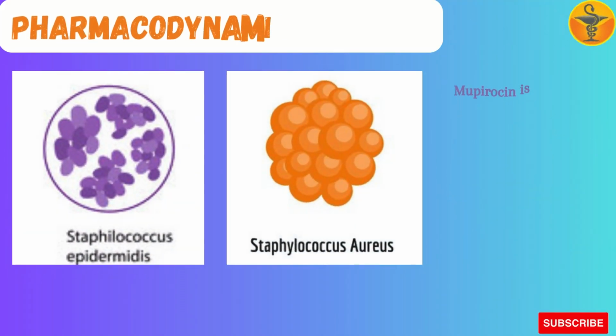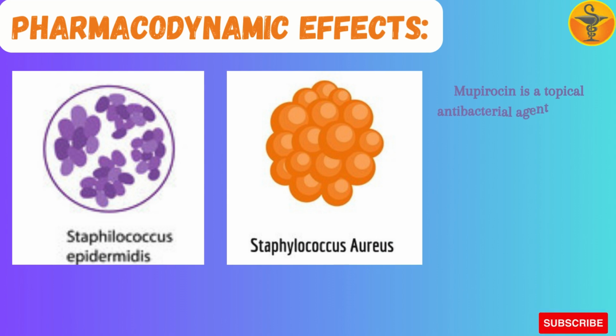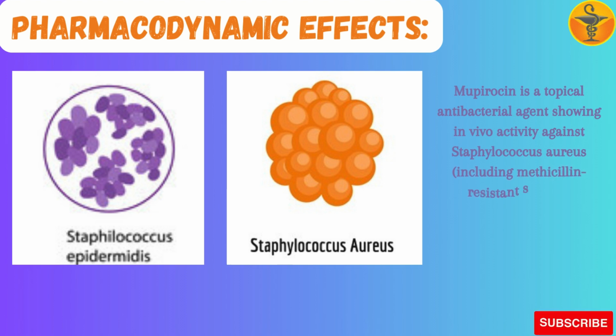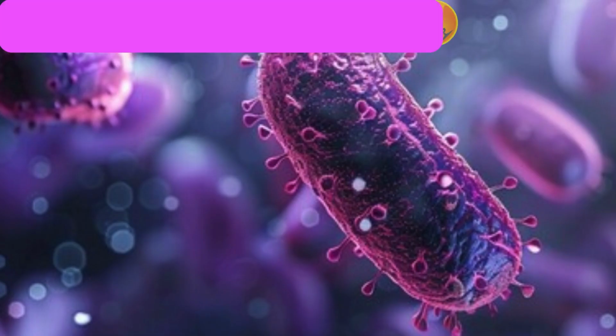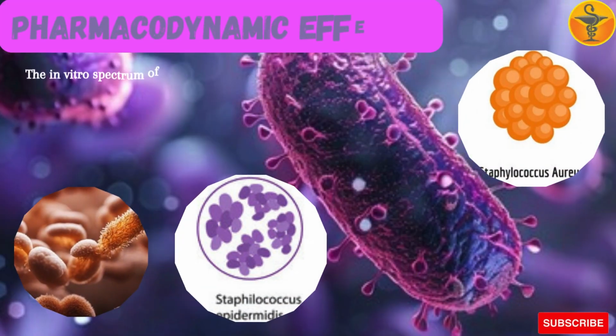Pharmacodynamic effects. Mupirocin is a topical antibacterial agent showing in vivo activity against Staphylococcus aureus, including methicillin-resistant strains, Staphylococcus epidermidis and beta-hemolytic streptococcus species. The in vitro spectrum of activity includes the following bacteria.